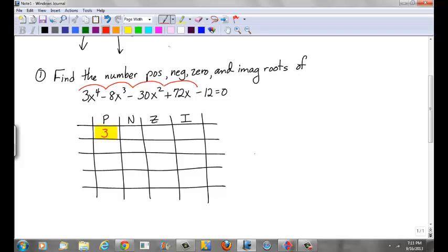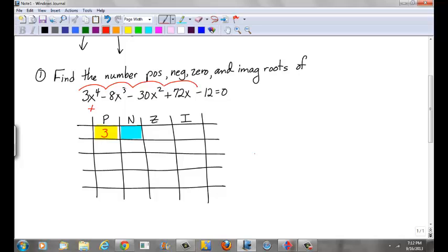Okay, to get the second box, everywhere you see an x in the original problem, you substitute in a negative x, and then you count variations in sign. So if we substitute in negative x for the x, you'd have negative x, that quantity to the 4th. A negative to the 4th would be a positive, times a positive 3 would be positive.